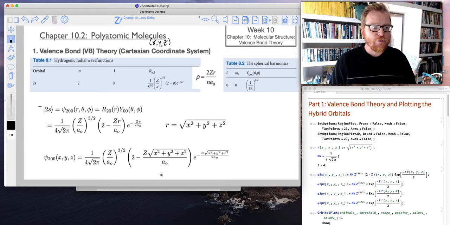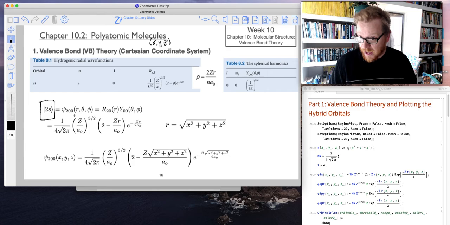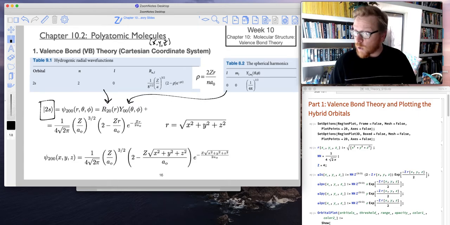The first wave function we want to look at is the 2s wave function. I'll remind you that psi 2,0,0 has n equals 2, l equals 0, ml equals 0. We break that up into the radial wave function R20 and the spherical harmonic Y00.